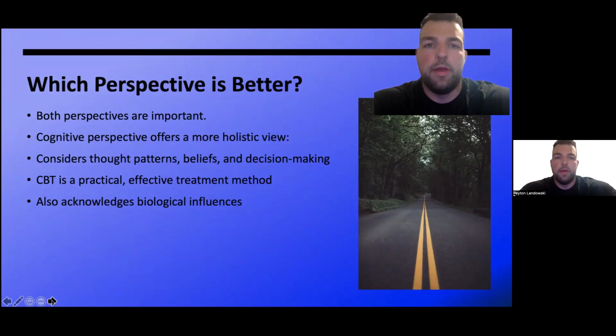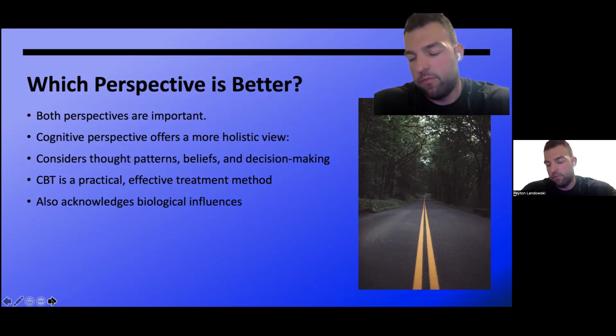When I look at both perspectives, I think both are important when comparing alcohol use disorder, but I think the cognitive perspective offers a more holistic approach when it comes to understanding symptoms and offering a solution in the form of cognitive behavioral therapy. The cognitive approach acknowledges biological factors more deeply, while people pursue short-term rewards and lack understanding of their self-control, which can lead to addiction.